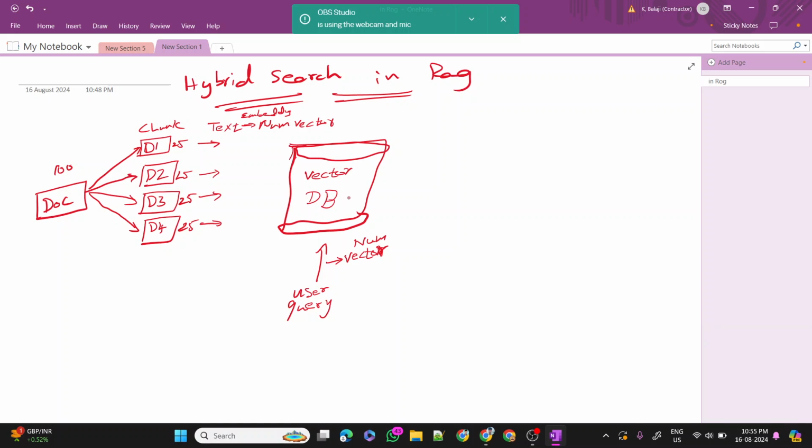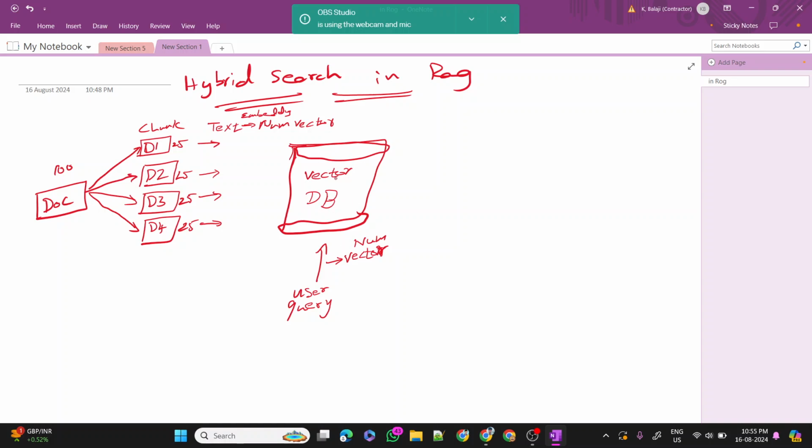Whenever a user asks a query, we search for similar words in the vector DB that are similar to the user query.